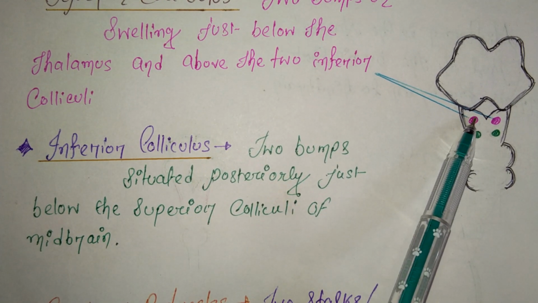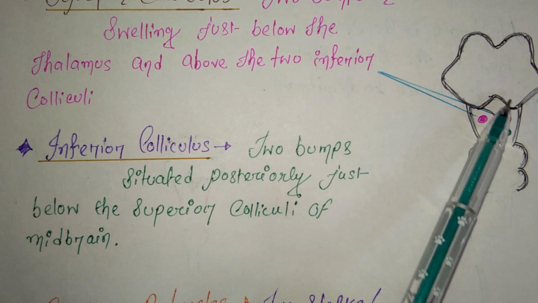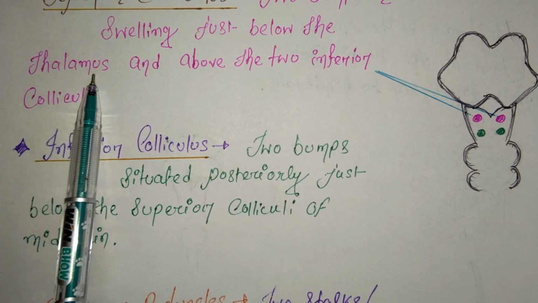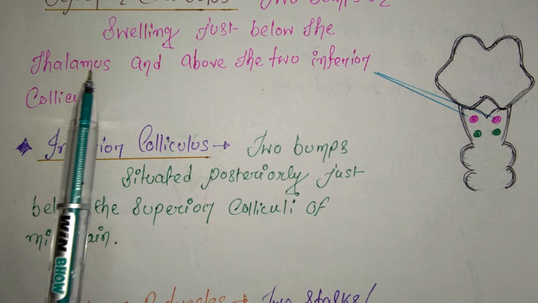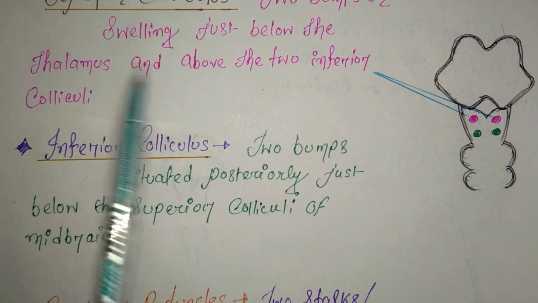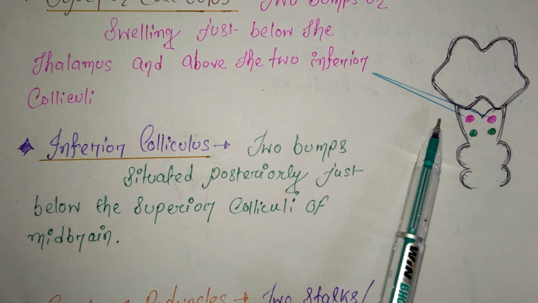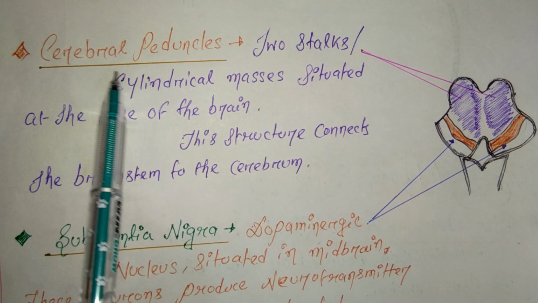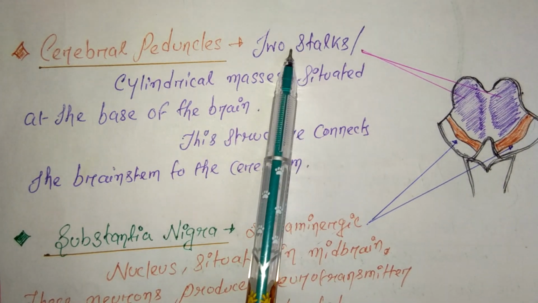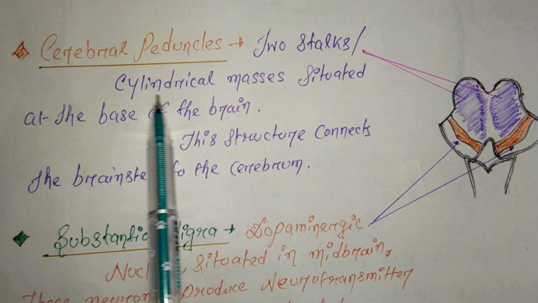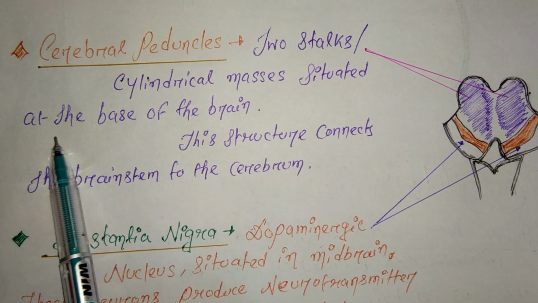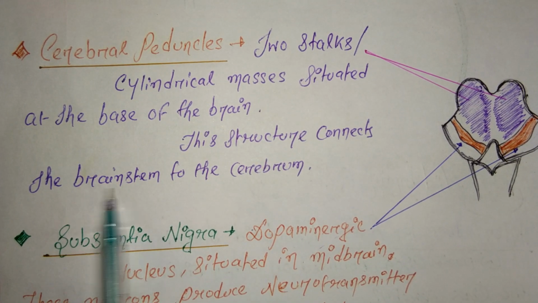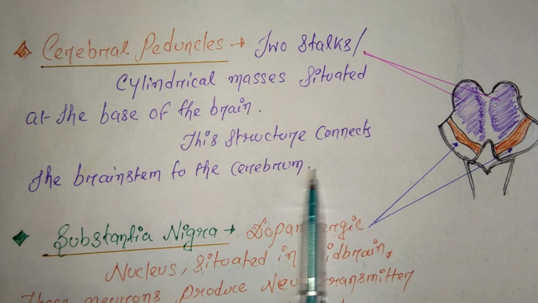Above the superior colliculus we have the thalamus also. When I take the class on thalamus, I will tell you in detail where its location is. Today just focus on the parts of midbrain. Now, cerebral peduncles: two stalks or cylindrical masses situated at the base of the brain. This structure connects the brainstem to the cerebrum.